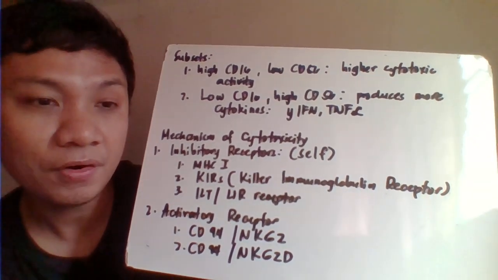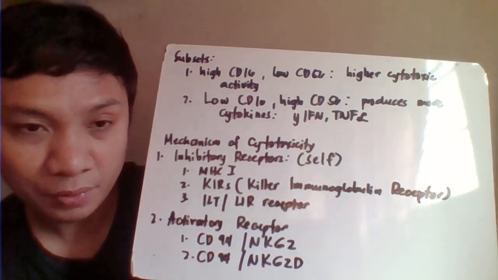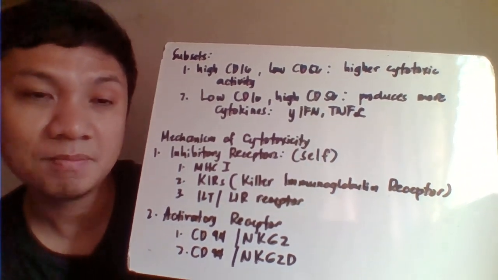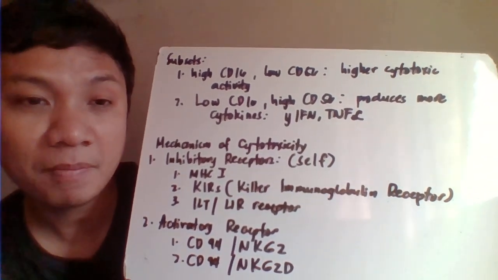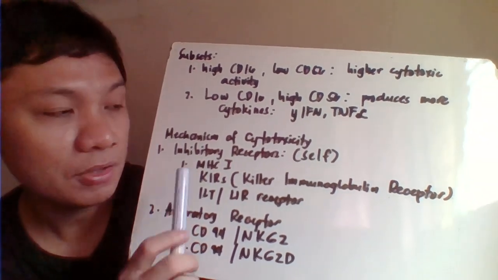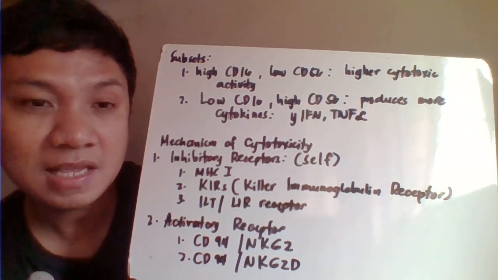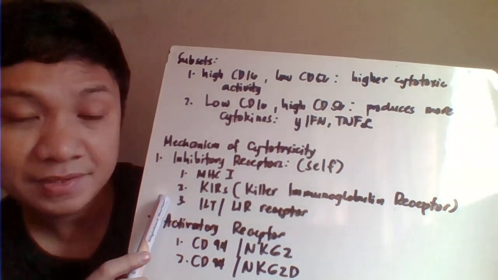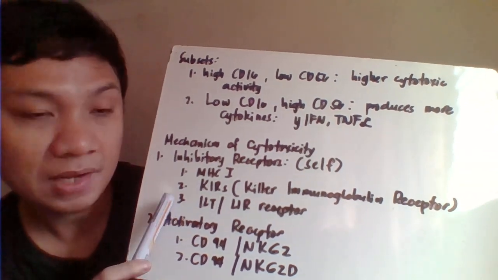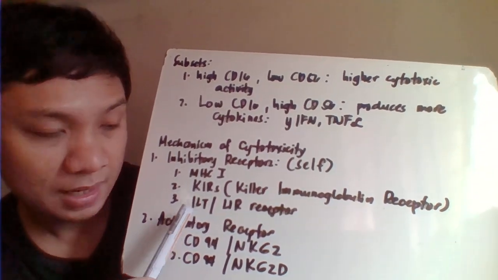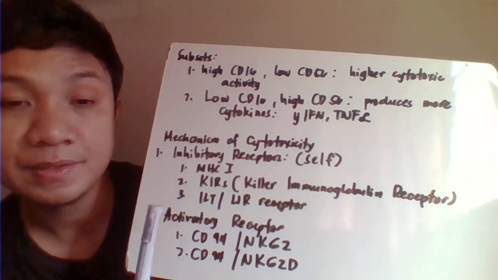Inhibitory receptors are possessed by our normal cells, by self-antigen. Therefore, if the inhibitory receptor is what our NK recognizes, it will not kill or destroy that cell. Examples are your MHC class 1, your KIR, killer immunoglobulin receptor, and ILT, LIR receptors.